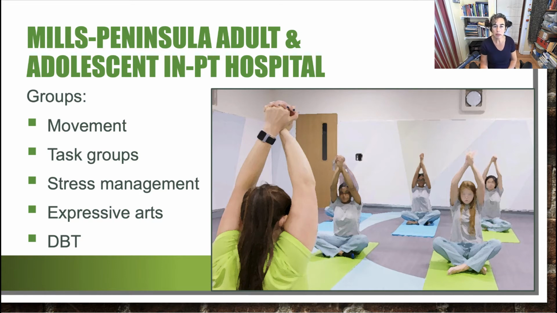So Mills Peninsula Adult and Adolescent Inpatient Hospital, which is in San Mateo County and in San Mateo, so maybe half hour, 45 minutes from San Jose, is a place where there is an inpatient acute ward. There's also inpatient acute in San Francisco. Individuals would work on potentially movement groups, task groups, stress management, expressive arts, and dialectical behavioral therapy, or DBT.